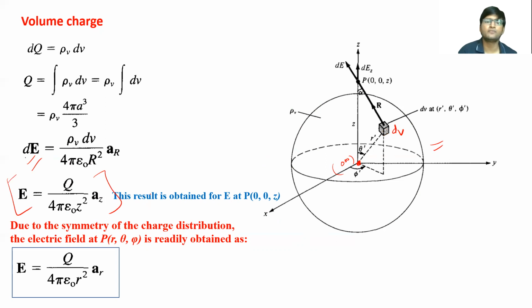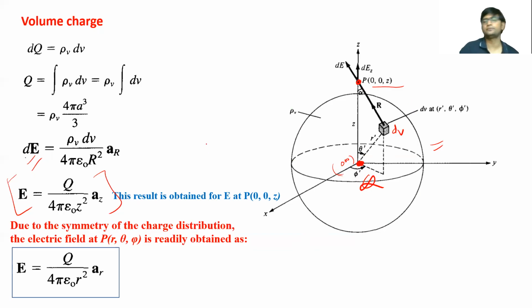So you are finally going to get the expression of electric field as this, which is equivalent to putting a charge of value q at the origin and calculating at a particular point given by 0, 0, z, right?